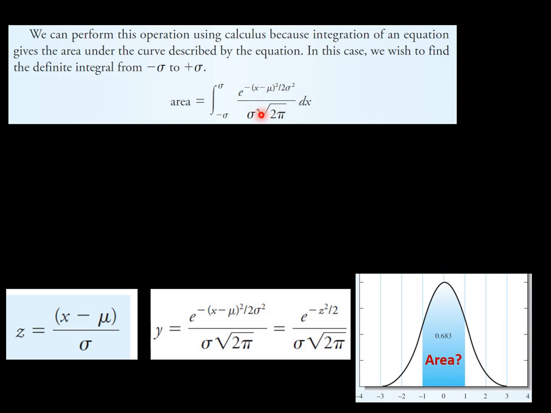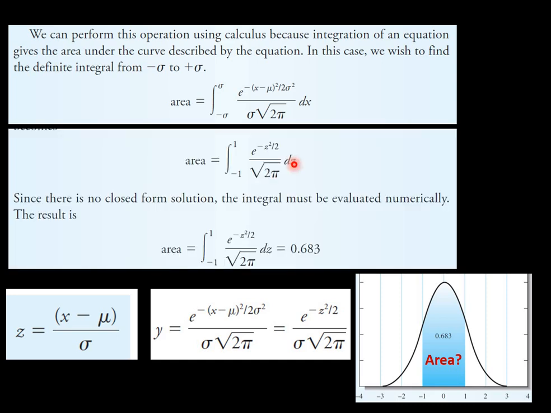You have to just integrate the function over x, dx. Since we are using z, if you again transform the variable, it becomes an equivalent problem of integration of this function over z, and the limit is minus 1 to plus 1, not minus sigma to plus sigma.